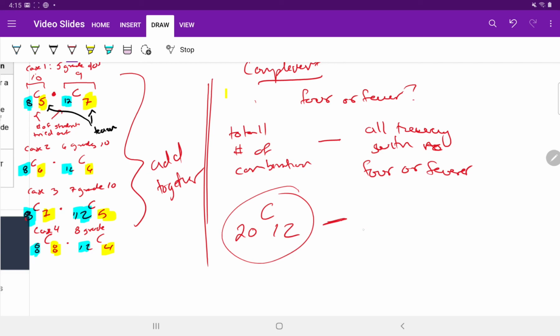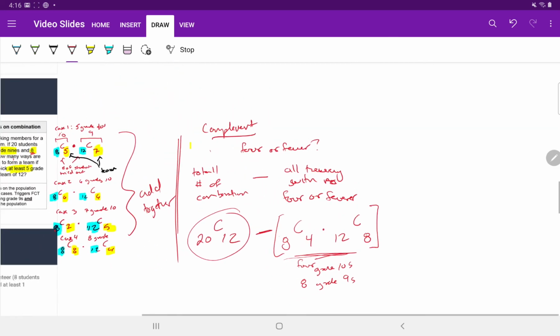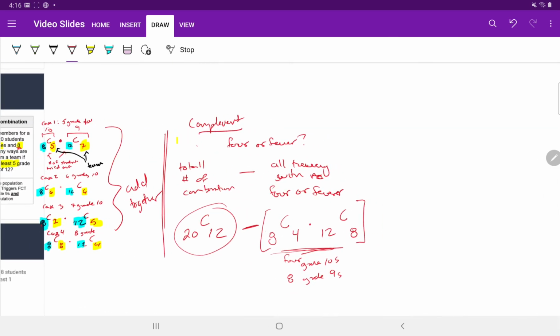So I would say, okay, I'm going to do a situation where I go 8 choose 4 times 12 choose 8. So this is with 4 grade 10s and 8 grade 9s. And this clearly doesn't satisfy the condition, so I figure out what that number is and I take it away.